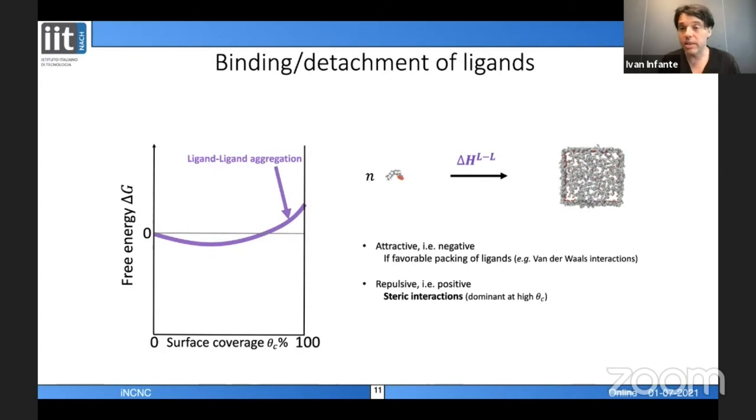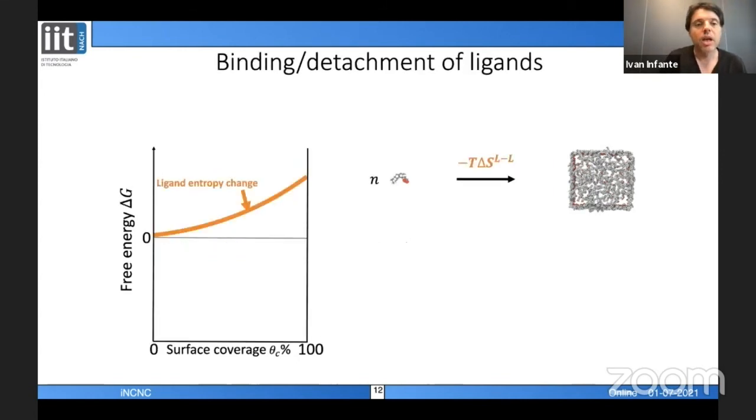But it depends a lot, this term, on the bulkiness of the ligand. And then we have a ligand entropic term, so that we can also decompose it in terms of entropy. The entropic term can also be important because the ligand that is alone has many degrees of freedom.